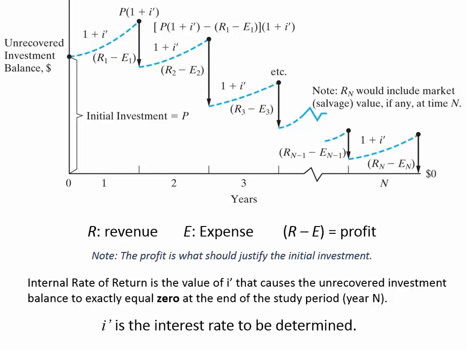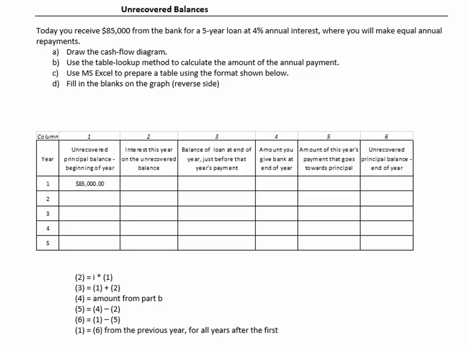So if the MAR is greater than the internal rate of return, then that would mean that you're having to borrow money at a higher rate than you're getting back from the project. So that would be a bad thing. It's a good thing, though, if you solve for the I that makes this all balance out and it's greater than your borrowing cost, that's what you want, because that means you're going to turn a profit. So here is today's activity.